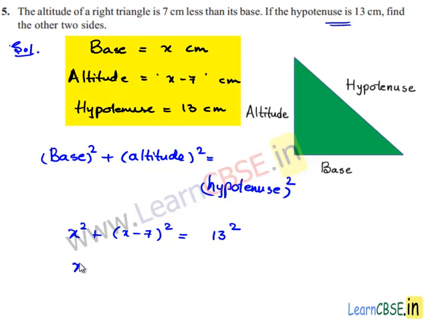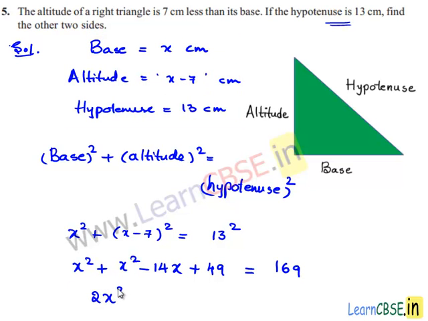So x square plus (x minus 7) whole square can be expanded as x square minus 14x plus 49, and 13 square is 169. So this is 2x square minus 14x plus 49, and 169 can be transposed to the left hand side and it becomes minus 169 is equal to 0.